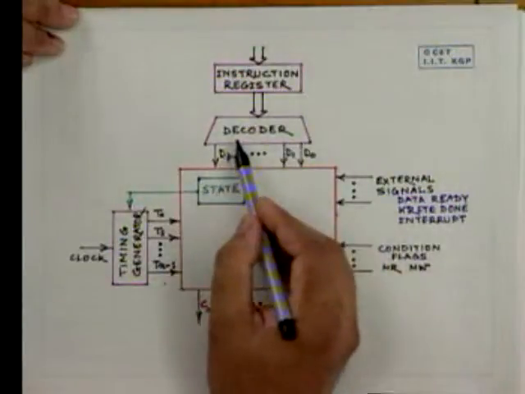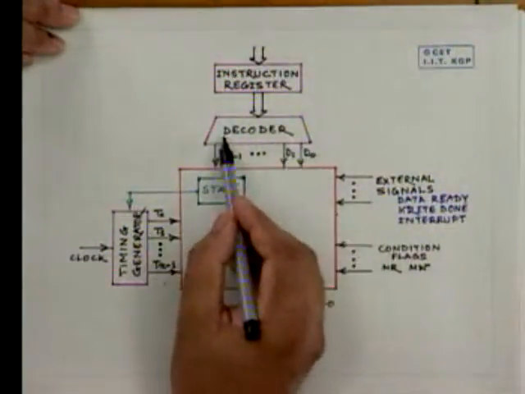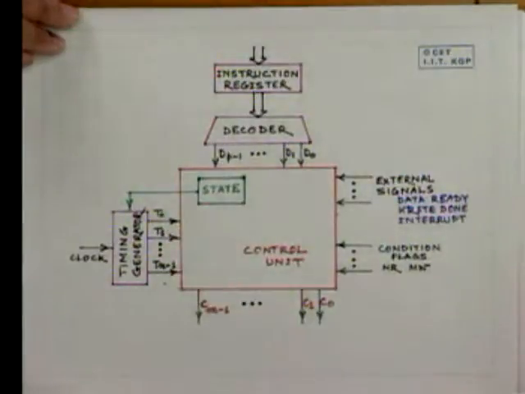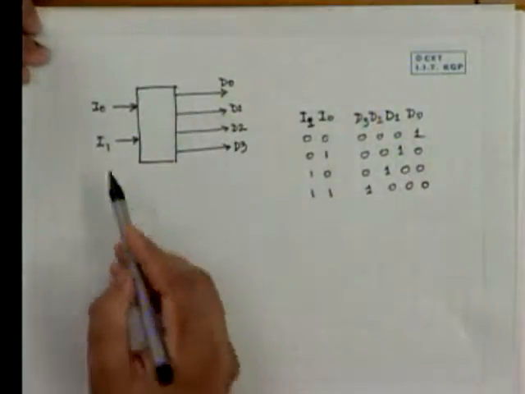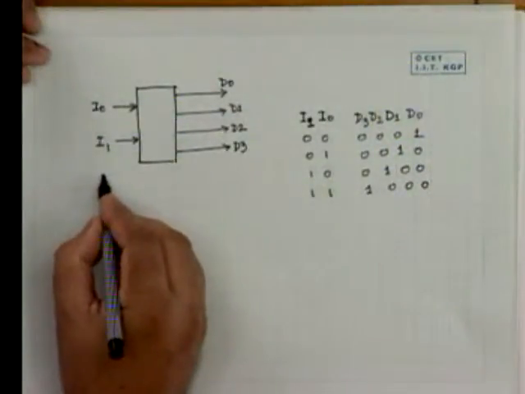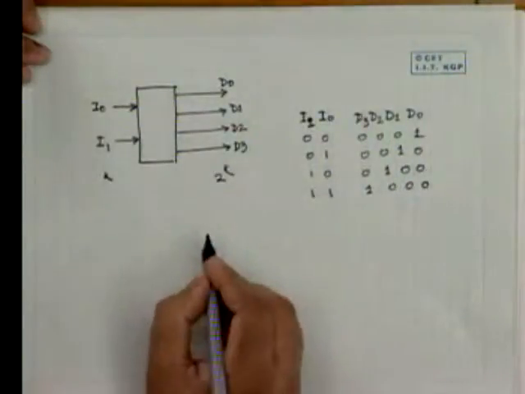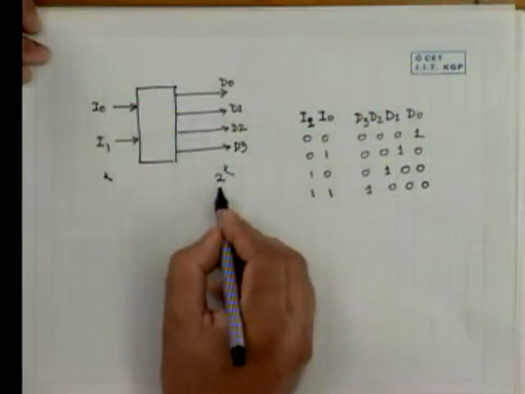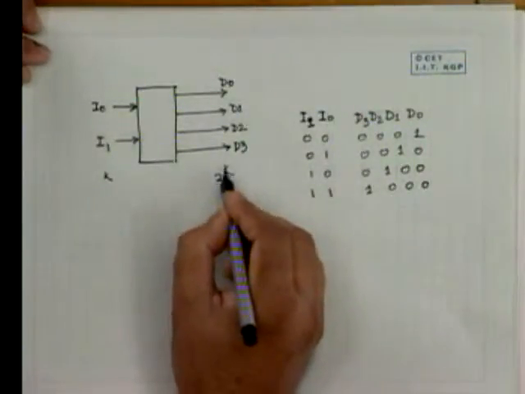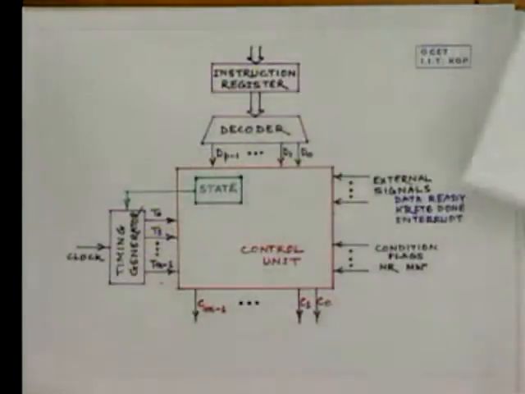In the case of variable length, the decoding circuit turns out to be a bit more complicated than the simple circuit we talked of here. If there are k inputs, naturally there will be 2 to the power k outputs. For one combination of k inputs, there will be one output high out of 2 to the power k possible outputs.